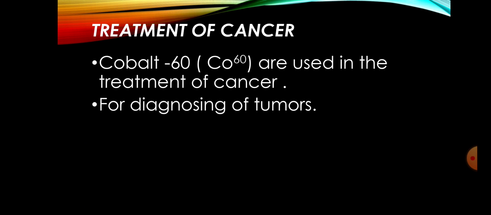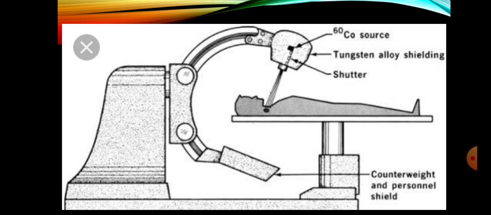Then the treatment of cancer. Cobalt 60 is used in the treatment of cancer for diagnosing tumors. The gamma rays emitted by cobalt 60, through the radiotherapy instrument, deliver a high dose of radiation to the tumor area while protecting the surrounding healthy tissue.